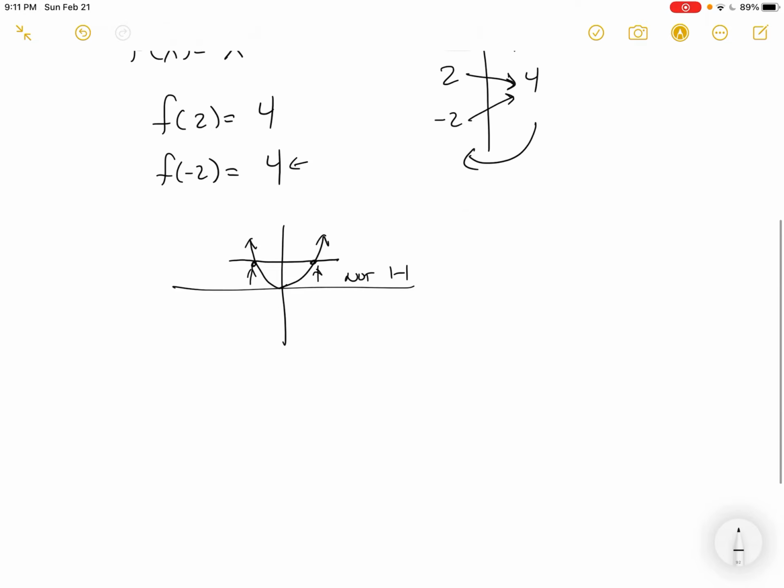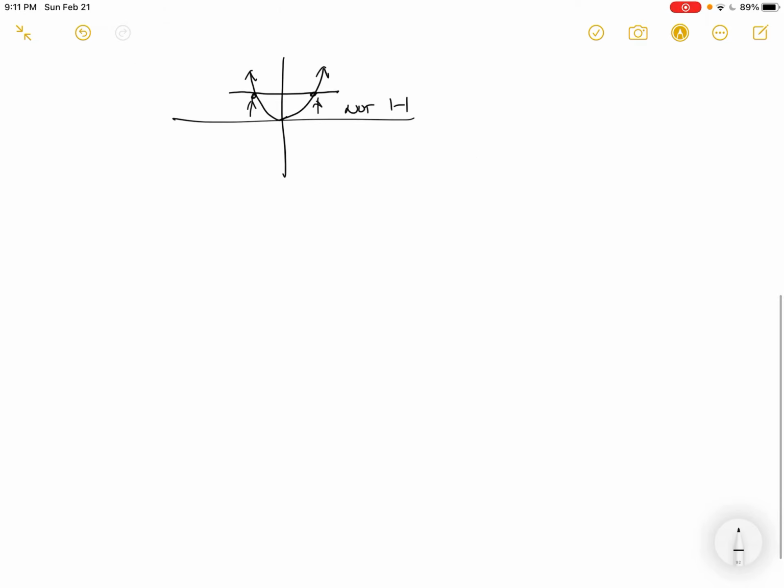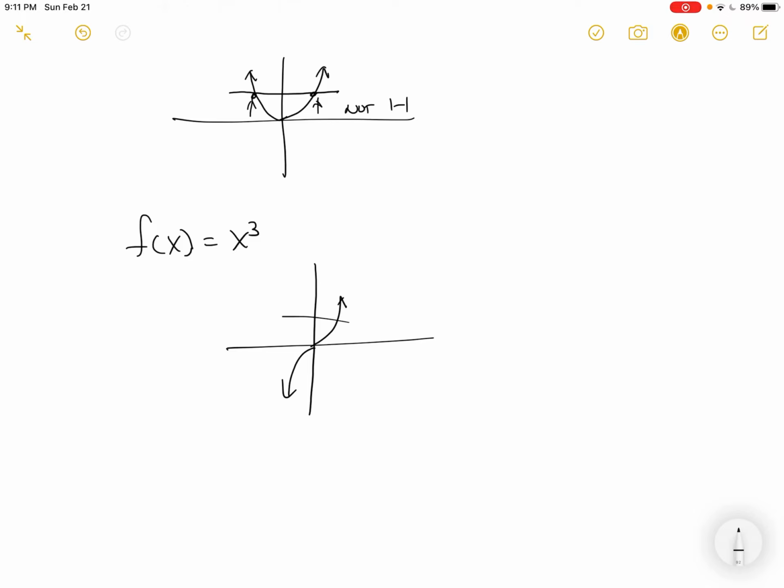So not every function we've dealt with is one-to-one. Many are. If you consider f of x equals x cubed, you know what that looks like. It's kind of like our tangent function, but it's this snake-looking guy. Take a look at that function. Does it pass a horizontal line test? Absolutely. If we were to draw horizontal lines in there, they would cross in only one place.